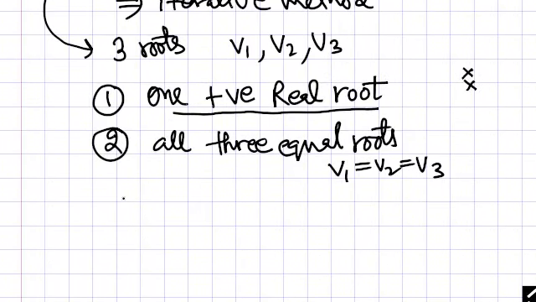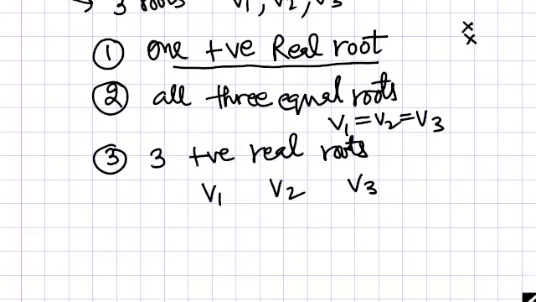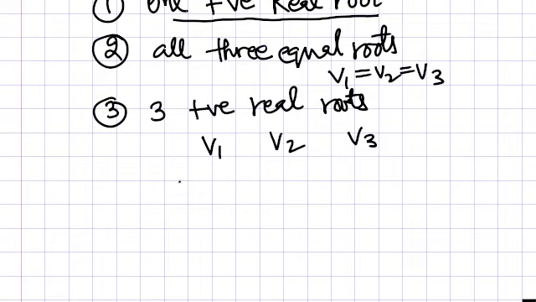And the third possibility is that you may get 3 real positive roots, v1, v2, v3. If this kind of condition is there, then you will get these kind of roots. For example, this root you will get this way, this root can be this, and this root can be like this.